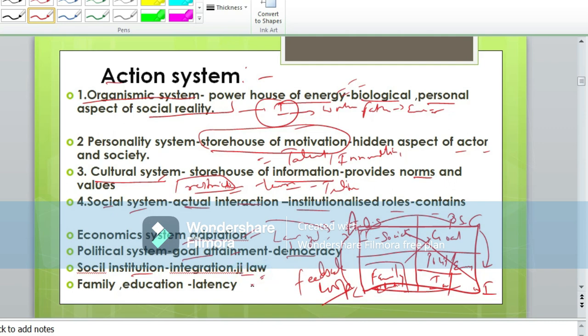For example, if deviance or crime is happening, then new laws are formulated, such as cyber crime was happening, so there was cyber law. Juvenile crimes were happening, which led to juvenile justice law. Then the next part comes as latency, which is provided through family and education.